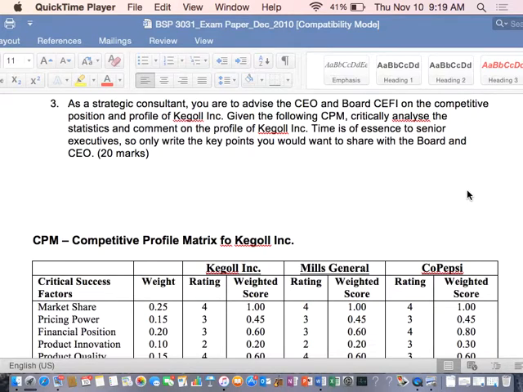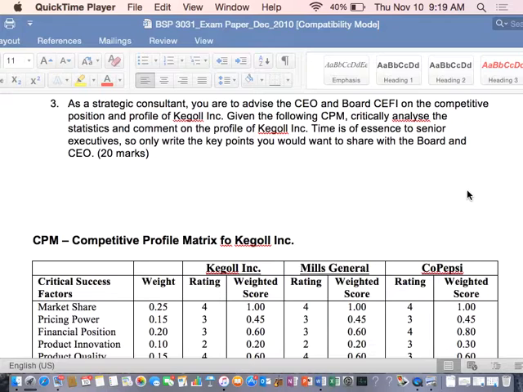In this particular question, it asks you to make comment on the profile of Keygol Inc. If I say to you, make recommendations to Keygol Inc. on the company it might consider integrating with, it shifts it in a different direction. You understand what I'm saying?